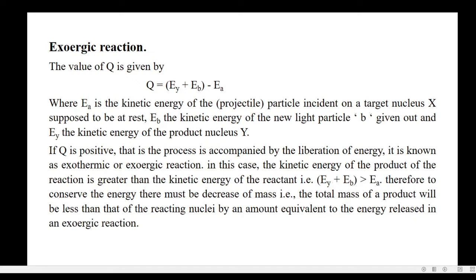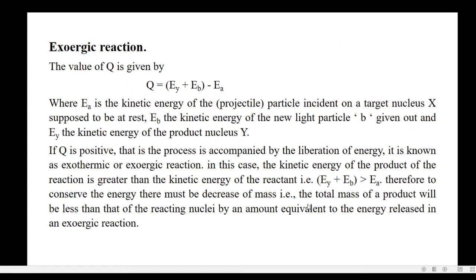According to Einstein mass energy relation, energy and mass are interconvertible, which means energy can be converted into mass, mass can be converted into energy. So, when EY plus EB is greater than EA, to conserve the energy, there must be decrease of mass.